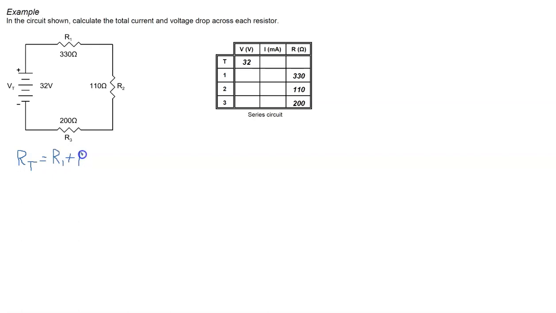R1 plus R2 plus R3. Now normally I would include the units with each resistance value as I write it down, but just to make this a bit faster, I'm going to say that R1 has a value of 330. Of course we know that's 330 ohms. Plus R2, 110 ohms, plus R3, 200 ohms.